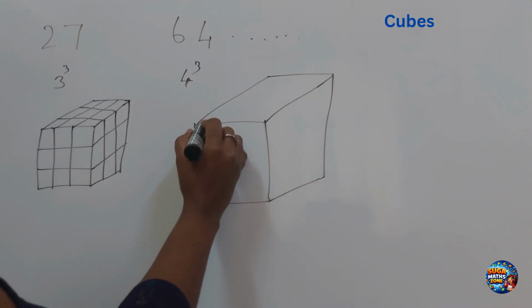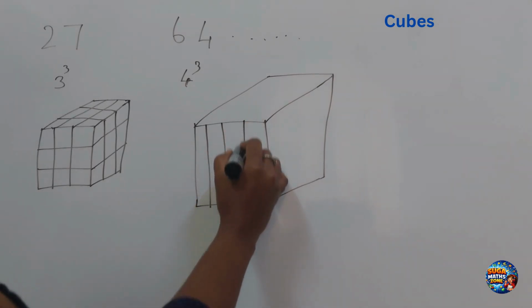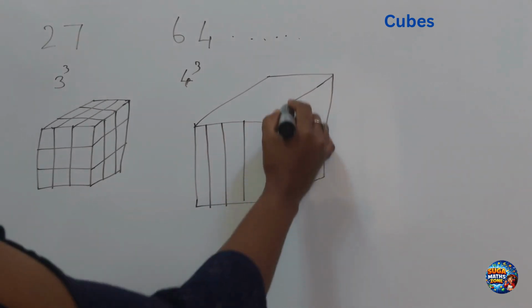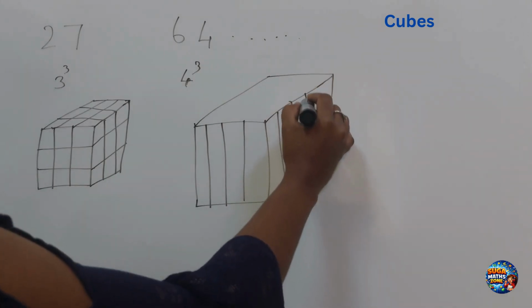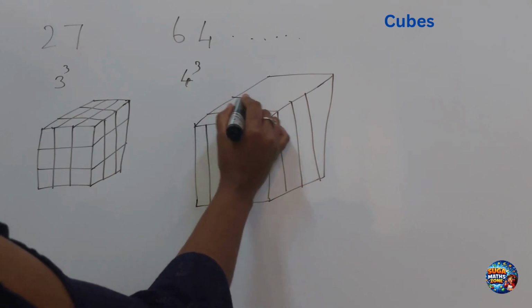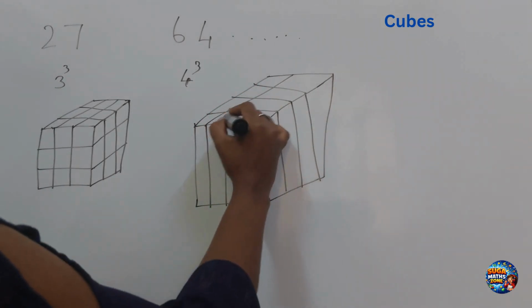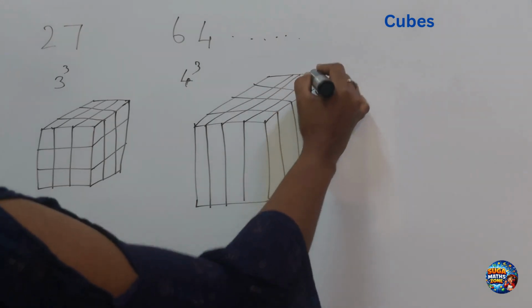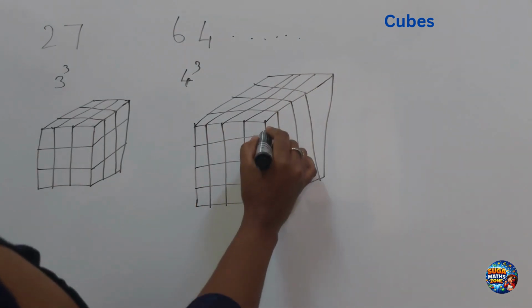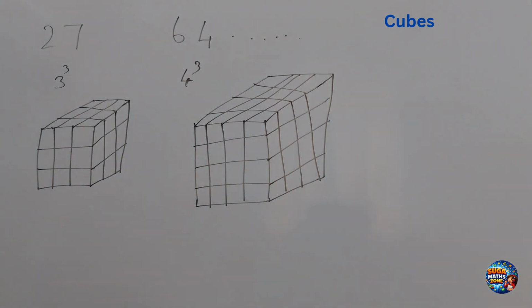Inside you have to draw 4 parts: 1, 2, 3, 4 parts. These are also 4 parts. Then join these lines, and we get the 4 cube.